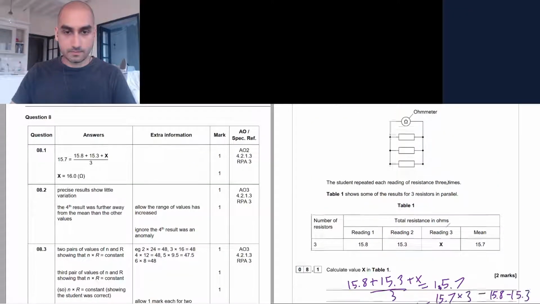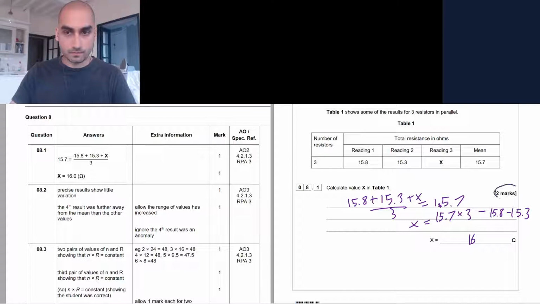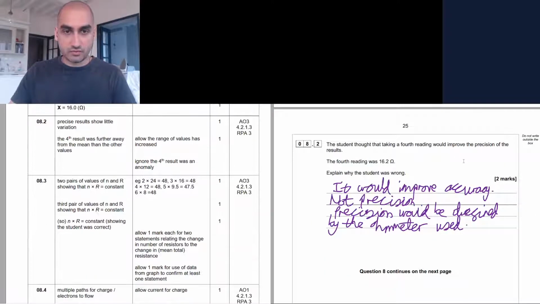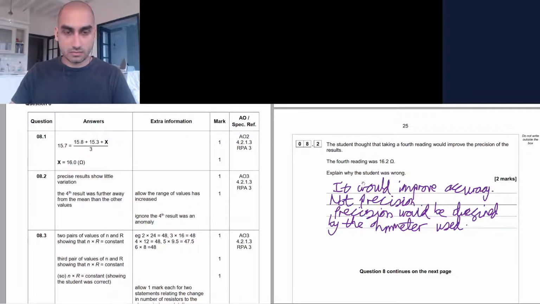16 ohms. You would improve accuracy. What?